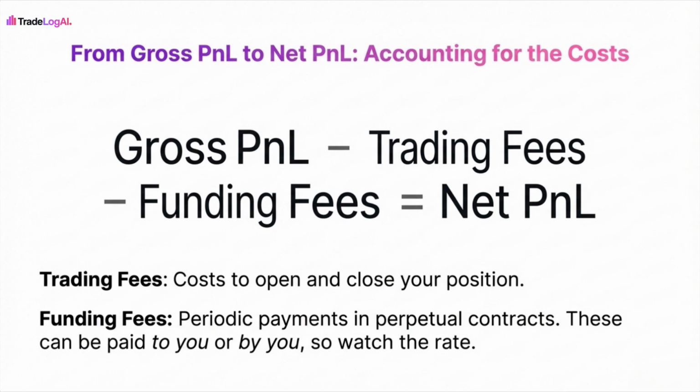They're periodic payments exchanged between traders to keep the perp price anchored to spot. And here's the key point. Funding can be paid by you or paid to you, so always check the current funding rate. Bottom line, your true performance is net PnL, not gross PnL, because costs can quietly eat into your edge.